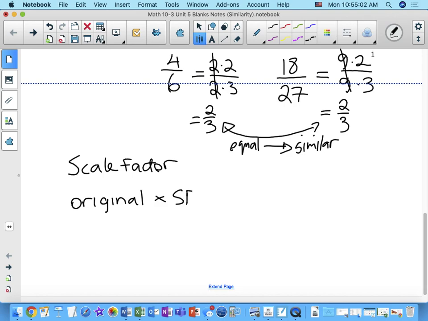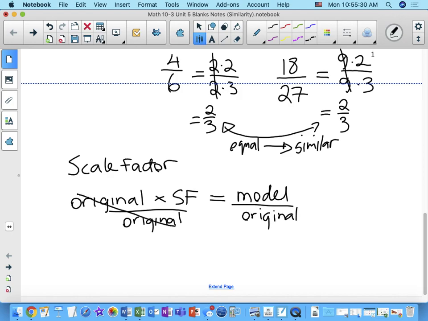So you can think of the original times the scale factor equals the model, or the new version. What that means is, to isolate the scale factor, we're multiplying it by the original, so to get it alone, we would divide by the original. I've also described this as the scale factor is the new one over the old one, or new over original.